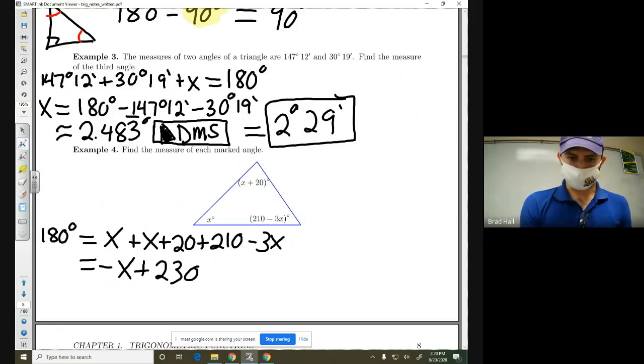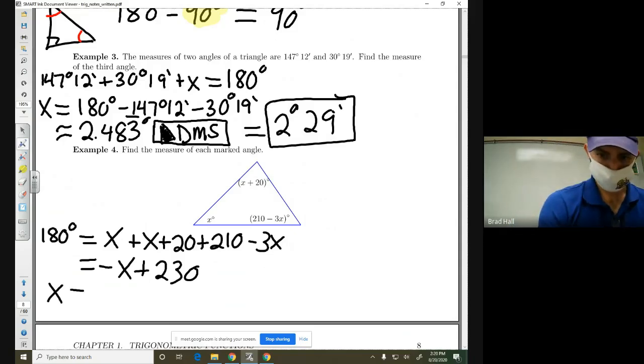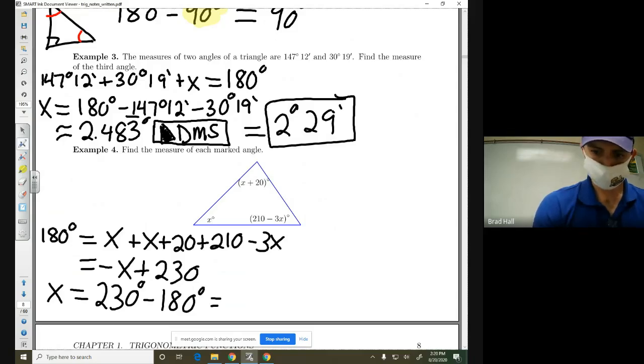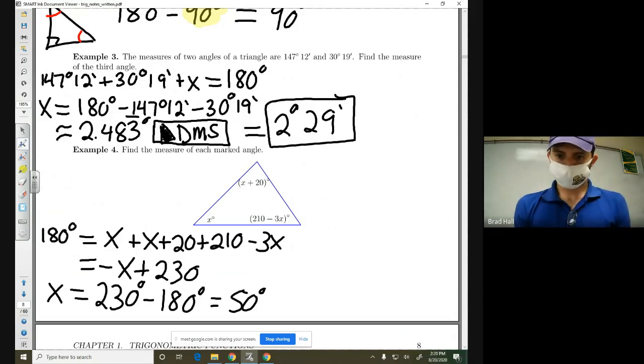Subtracting 230 on both sides, or equivalently, x is equal to 230 minus 180, is equal to 50. So we found that x is 50.